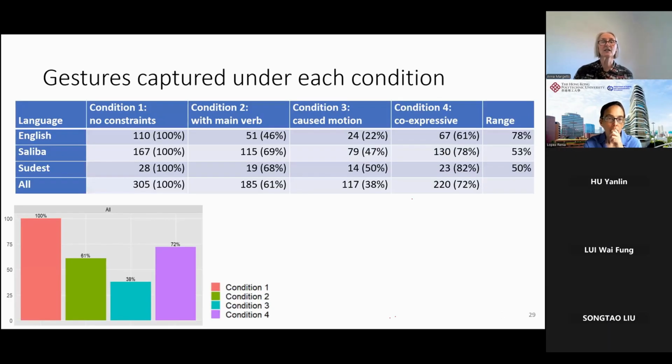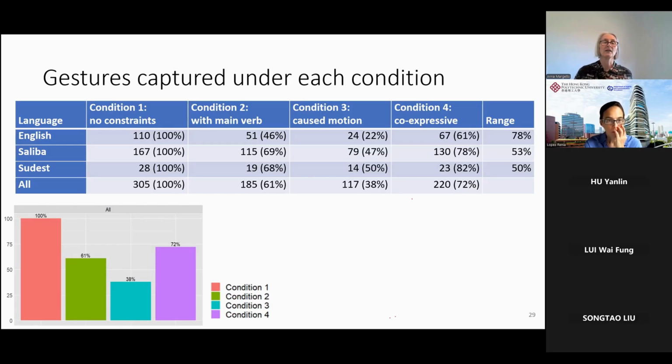So, number of gestures: don't worry about the table, but have a look at the graph. This is all 3 languages together. Each bar is one condition. Condition 1 is the red bar. This is all the gestures that occur within our overall event expression, so that's actually the total set. Conditions 2, 3, and 4 are always subsets of condition 1. We can see that the green bar is only gestures aligned with the verb.